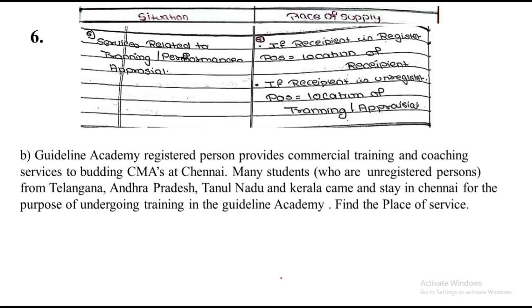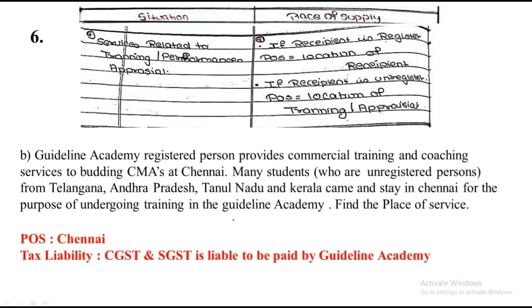Now here the recipients are unregistered. As per the rule, if they are unregistered, the place where the training took place will be your place of supply. So in our case, the answer will be Chennai because the training has been taking place in Chennai. And the students who are the recipients are unregistered, so the location of the training will be considered as the place of supply.